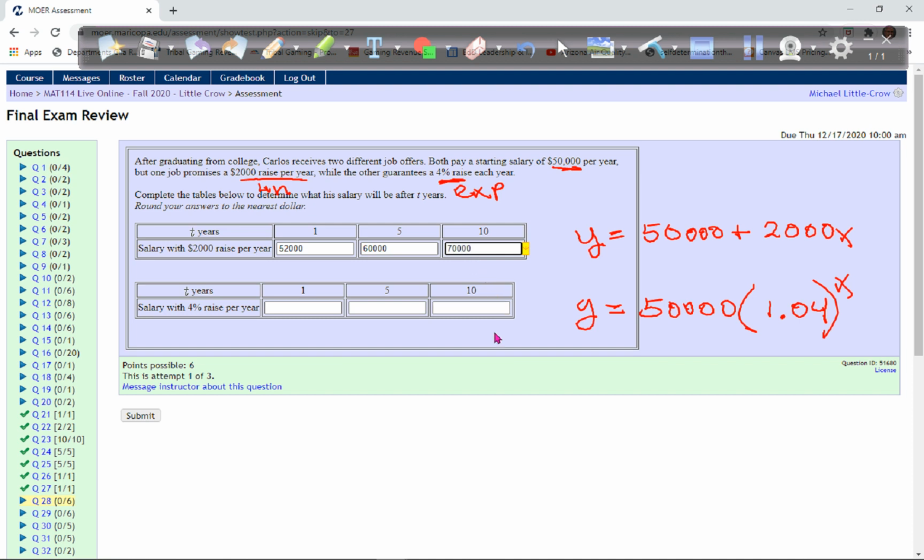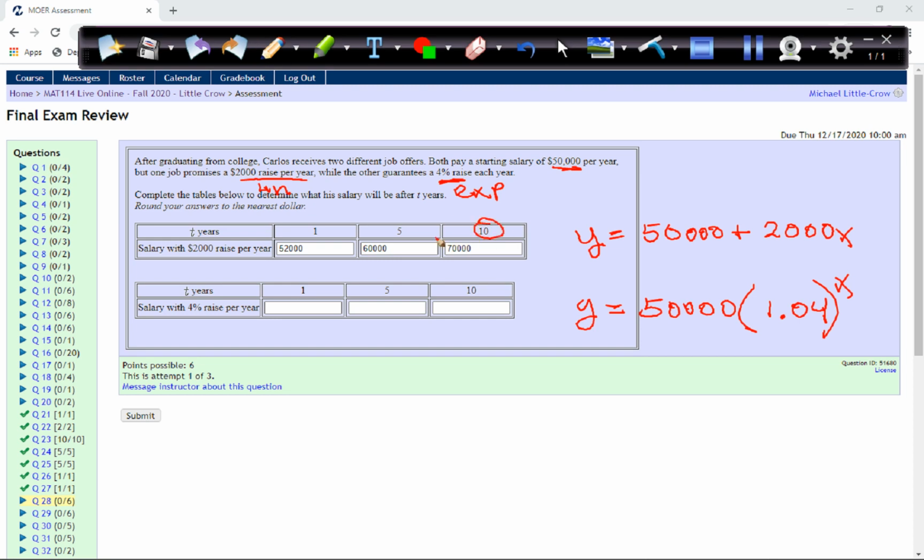Again, you could use your calculator on these, whatever you need to do, but what we're doing is we're just plugging in these values for x into this equation. We'll do the same thing here, but we're going to use our calculator because I'm not as good at calculating 1.04 to the 5th power in my head.